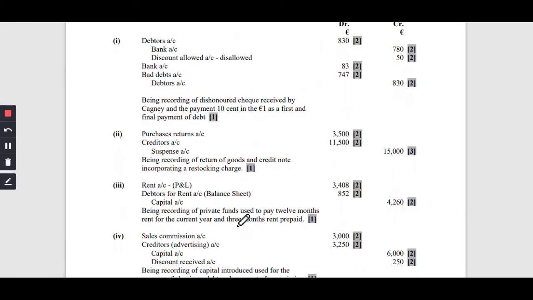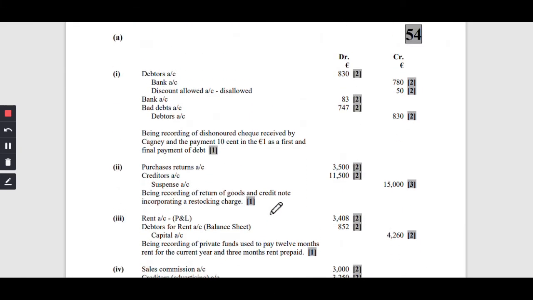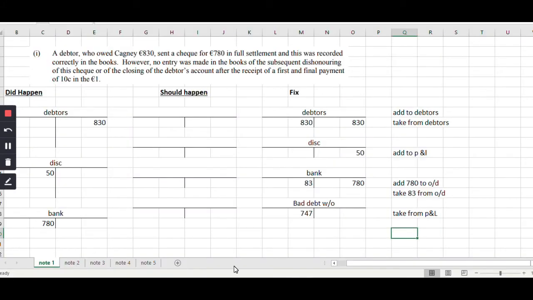So what you are asked for, first of all, is to journalize the necessary corrections. Very straightforward, because all we are doing is taking all the figures from the fix column, if we have one. So if you look at note 1, you will see we have debtors, debit 830, credit 830, discount, credit 50, bank, debit 83, credit 780, bad debts written off, debit 747.